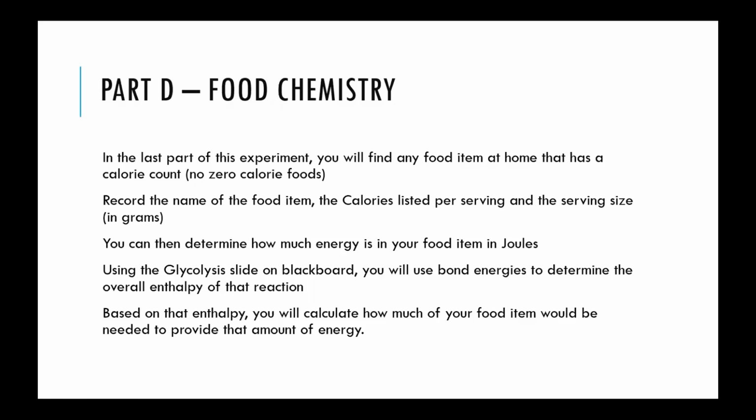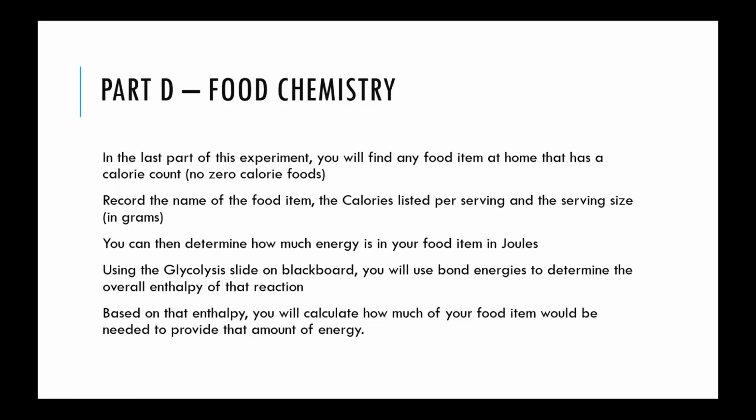You're going to convert the number of calories listed on the package into the unit of joules, and then convert that to joules per gram. So you're using the serving size, you're figuring out how many calories there would be, or how many joules there would be in 1 gram of your food.